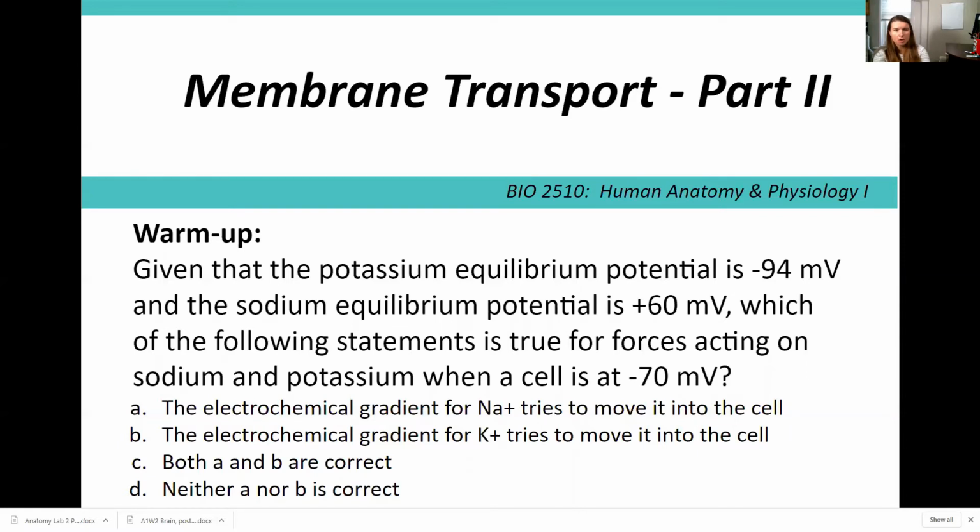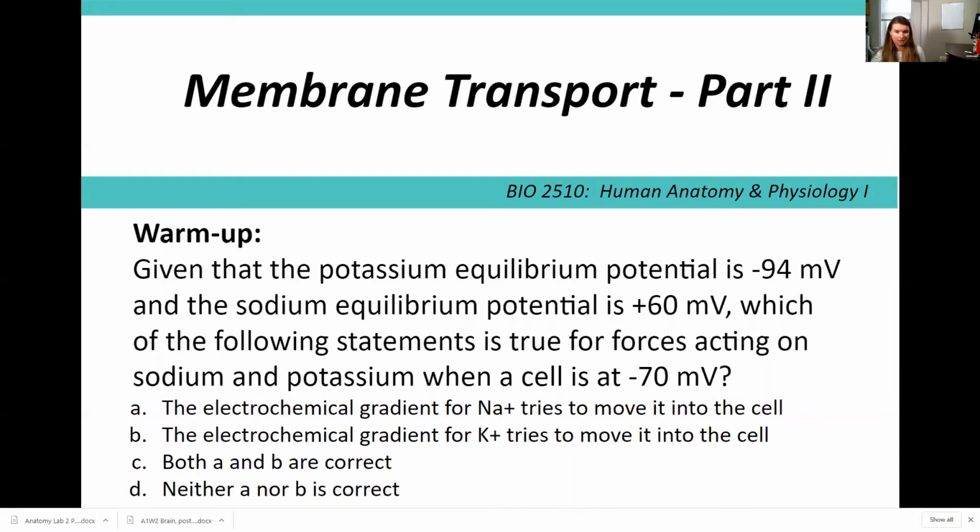To become more negative, to reach that potassium equilibrium potential, we'd actually have to have potassium move out of the cell. If potassium were to move out of the cell, pulling that positive charge out, that would make the cell more negative.